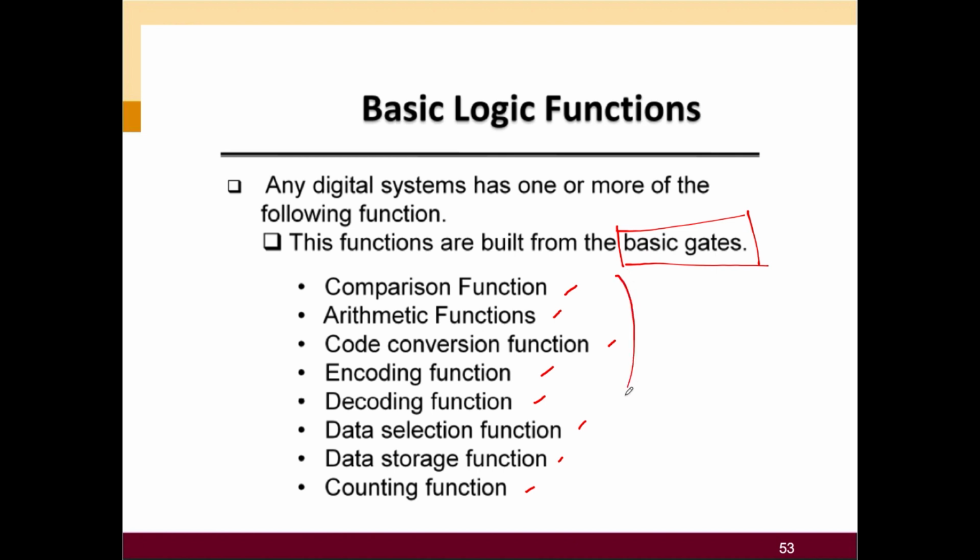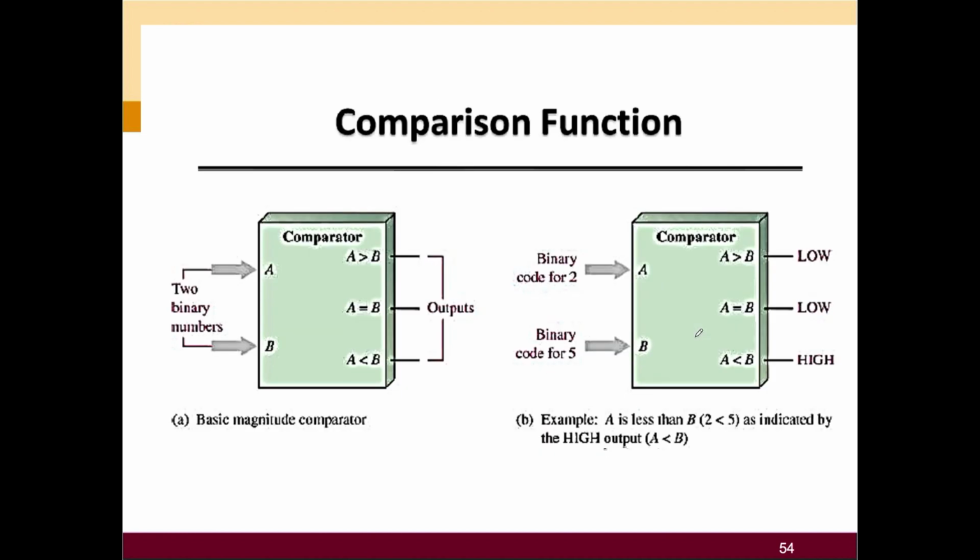All these functions include, let's say, NOT gate, and then XNOR gate, and then OR gate, or even NAND gate. So it is a combination of several basic gates that you already learned.